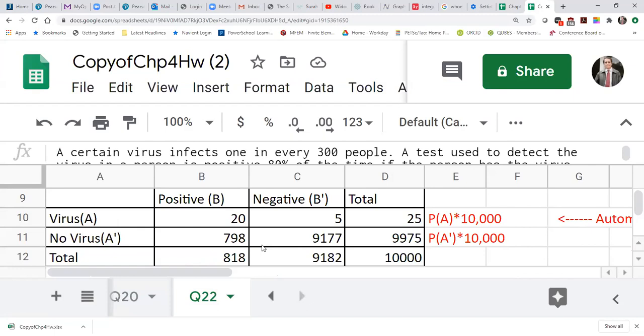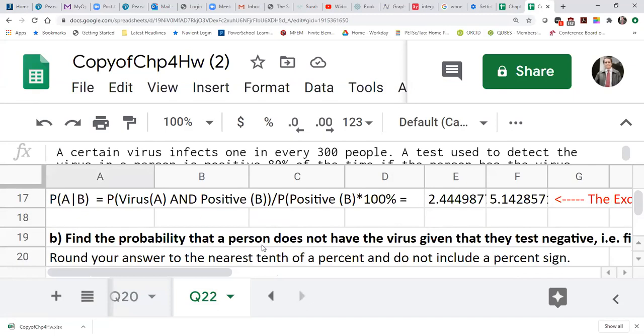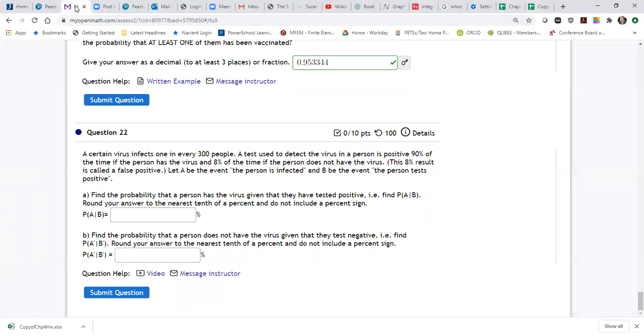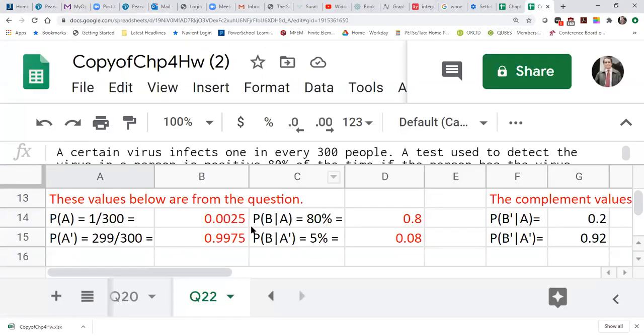So the one that you need to do is only change this one and this one. This is for the case of 300 people. Let me see what the case is for this problem. Yes, it's the same, 300 people. So you don't need to change this one.